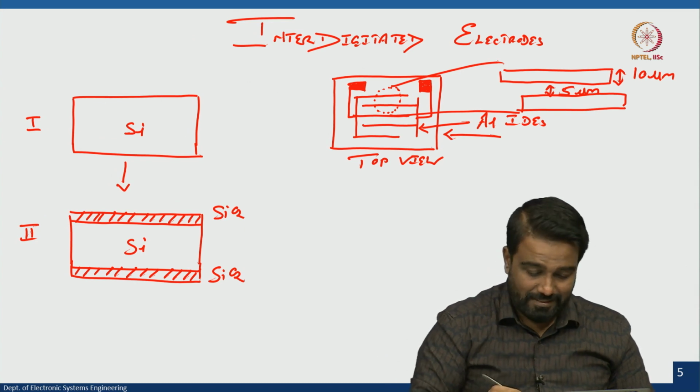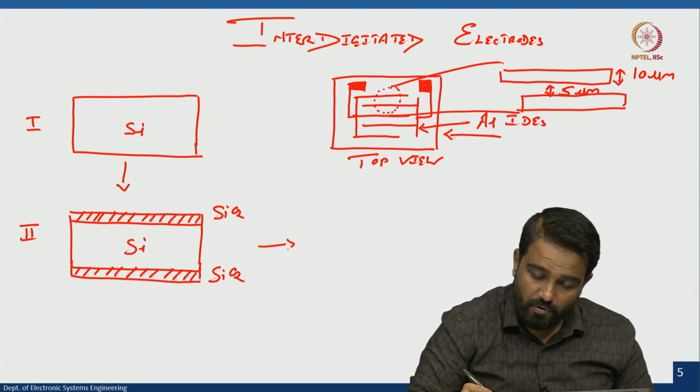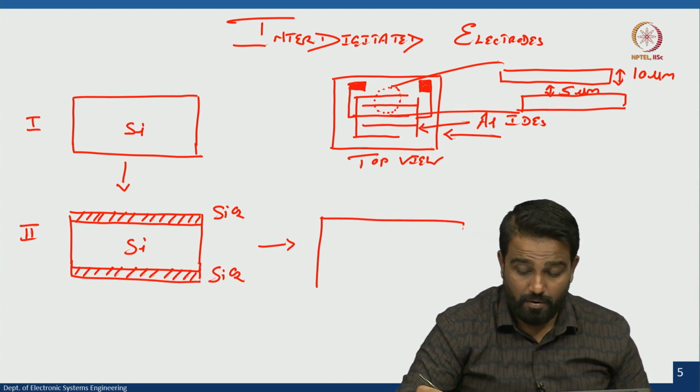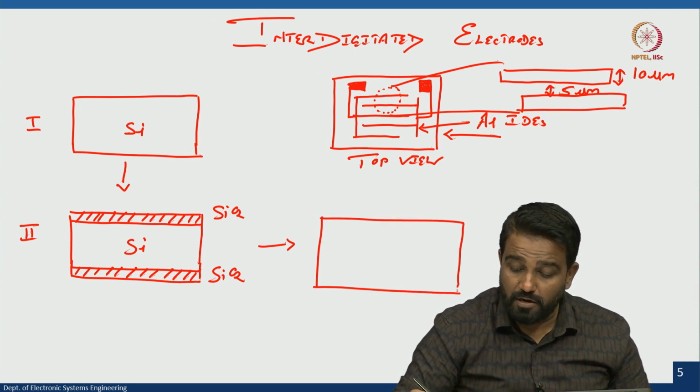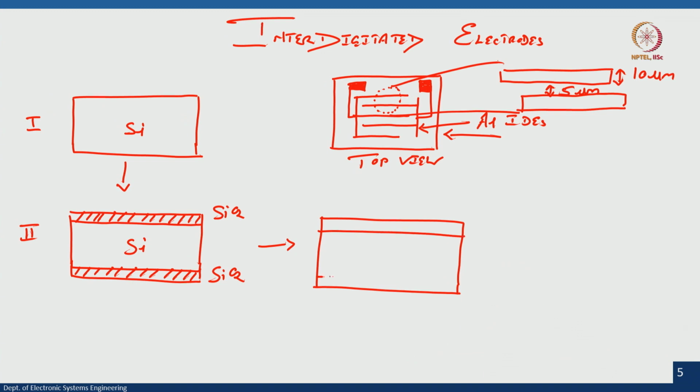Okay. Next step is we will deposit aluminum. Now, if you want to deposit aluminum, what is a way to deposit aluminum? Can you recall from our previous lectures? You can use physical vapor deposition. Okay. This is SiO2 over silicon, which is the oxidized silicon wafer. So, do not get confused. In PVD, we can use, thermal oxidation, is it oxidation?